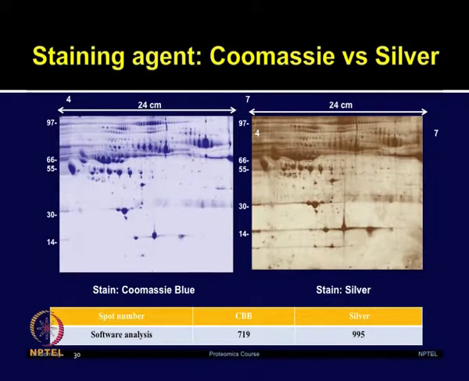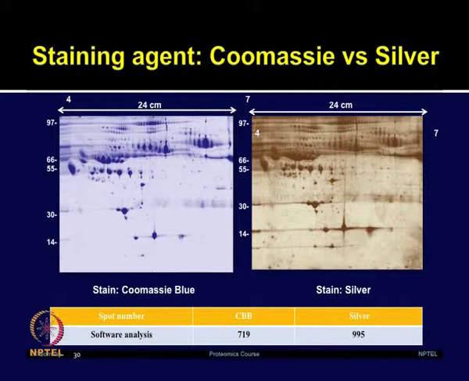We also tried to look at the effects of various types of staining, whether it is Coomassie blue staining or silver staining. We definitely identified more spots from the silver staining, but because we want to compare a large number of clinical samples with the different healthy controls, it was very difficult to standardize the conditions to keep the silver staining uniform.